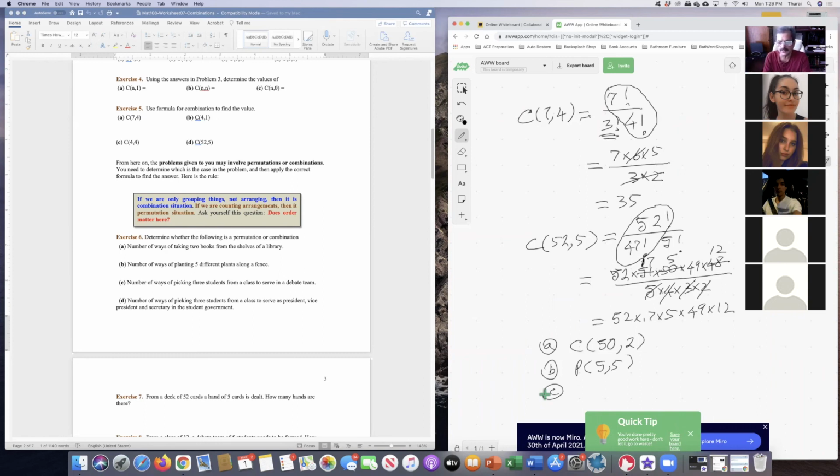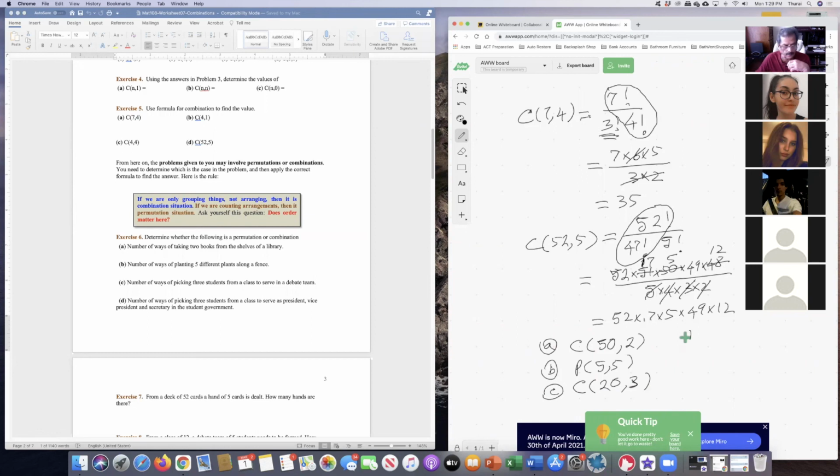A different arrangement of those three students is not another team, right? So you have to look into the context of the problem. Debate team means just 3 people together. Another arrangement of those 3 people is not another team. So therefore, number of ways of combining 3 objects from 20, whatever the class size is. So that's C of 20, 3 will be the answer.